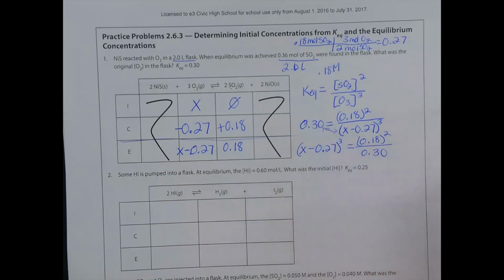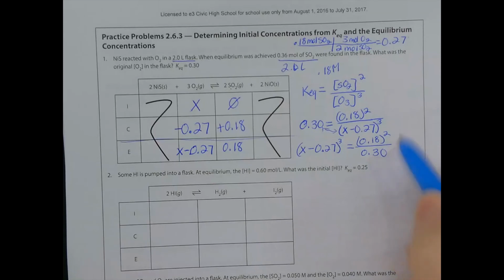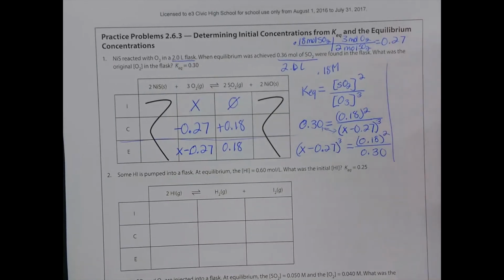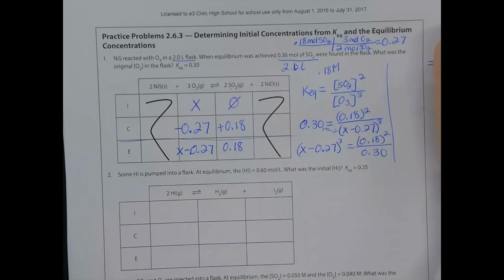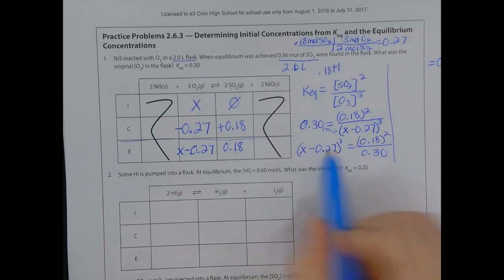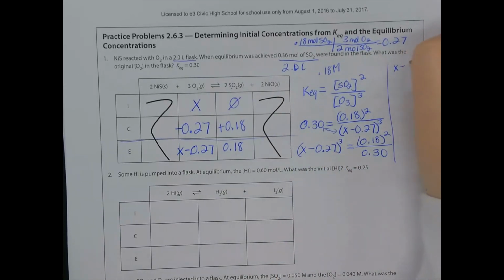So I'm just flipping those two numbers, moving them. So we can now simplify the right side of our equation. 0.18 squared divided by 0.3, and that gives me 0.108 on the right side. And then on the left side we have X minus 0.27, and that quantity is still cubed.